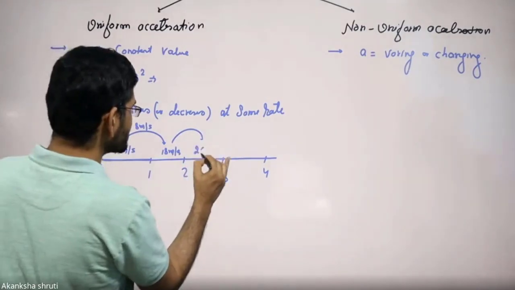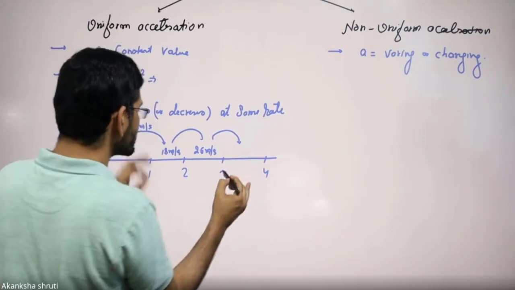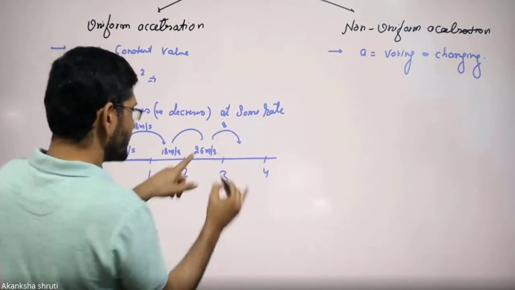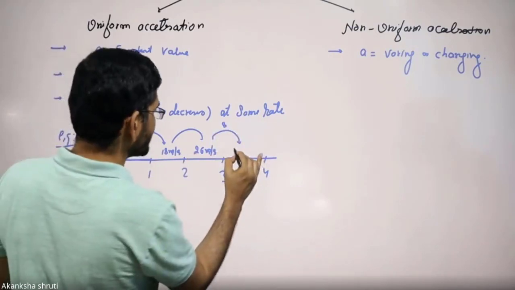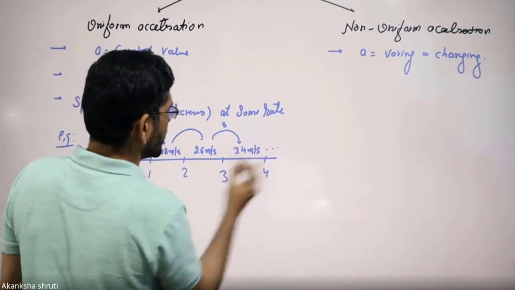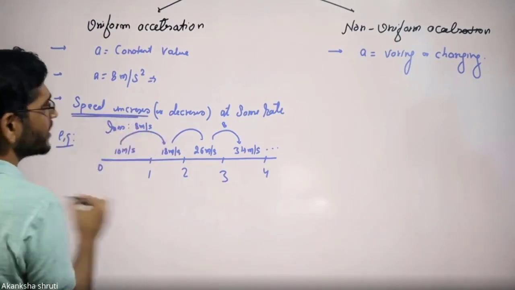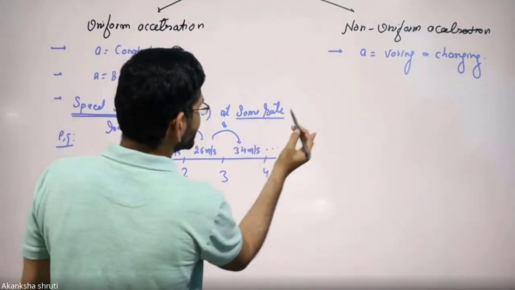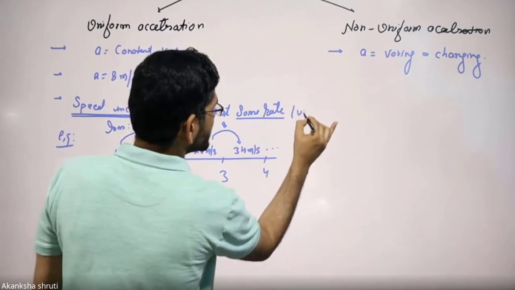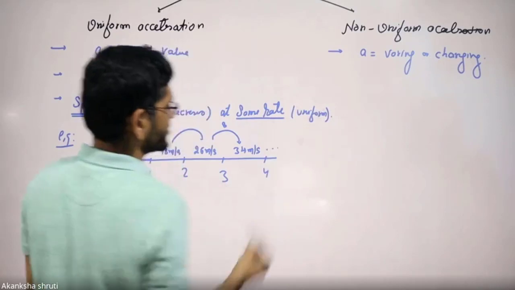It must be 26 meter per second. The next one should also increase by 8. From this 26, it becomes 34 meter per second, and so on. So this is the meaning of speed increase or decrease being at the same rate, or uniform. Uniform means the same rate.